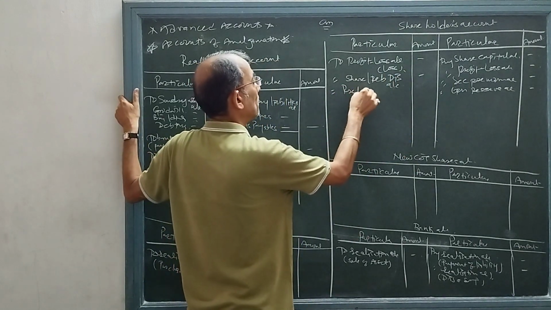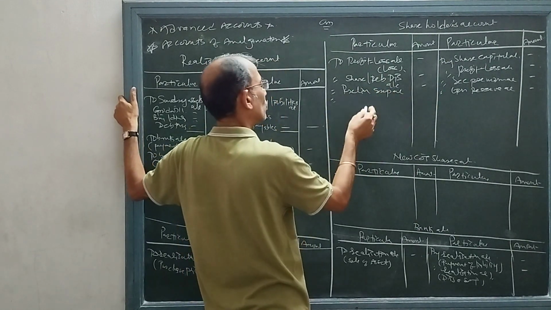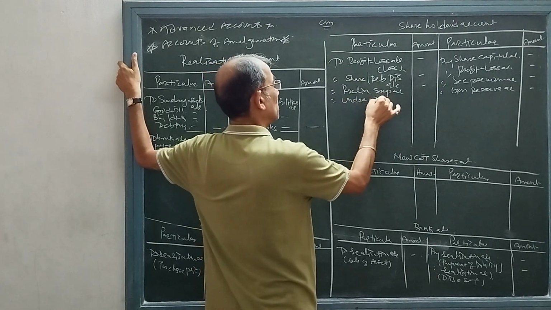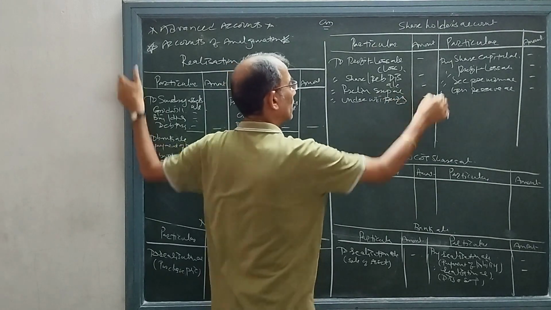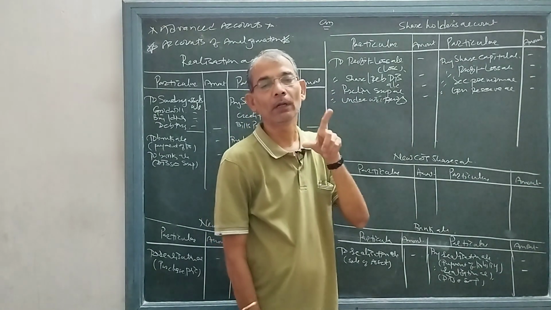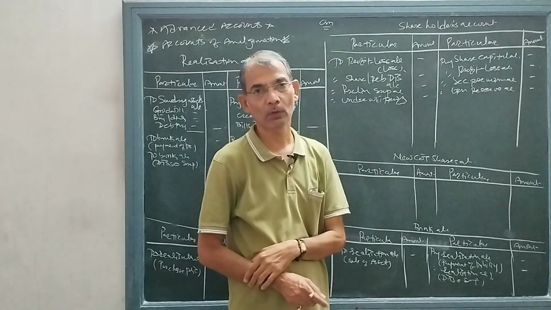To preliminary expense account. To underwriting commission account. All the fictitious assets will be written on the debit side of the shareholders account.